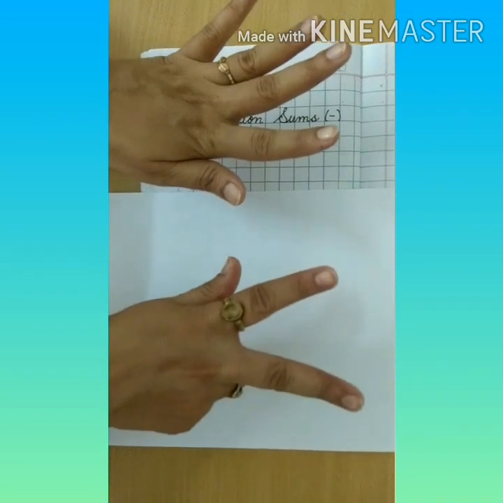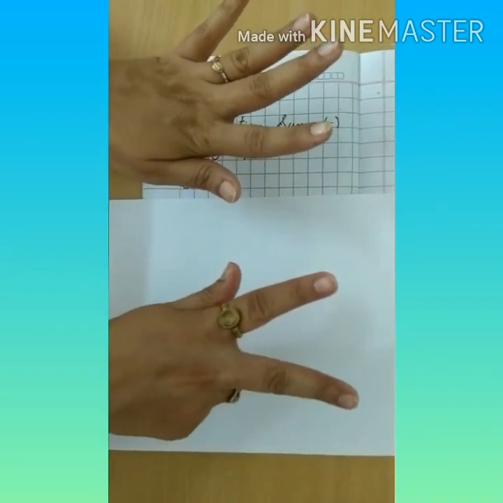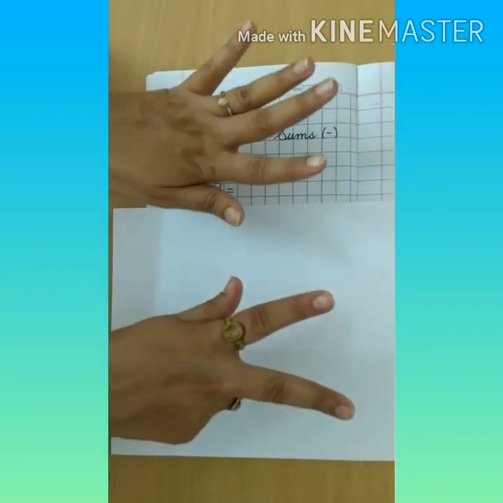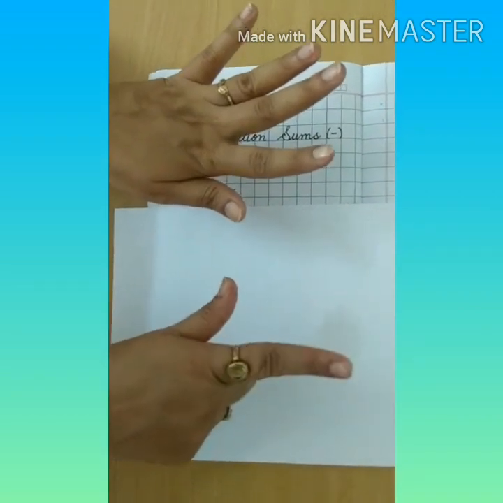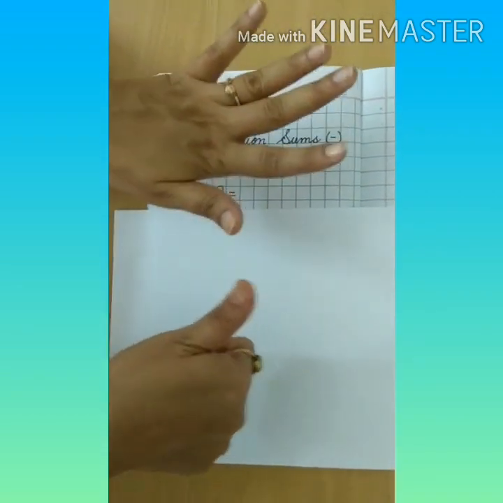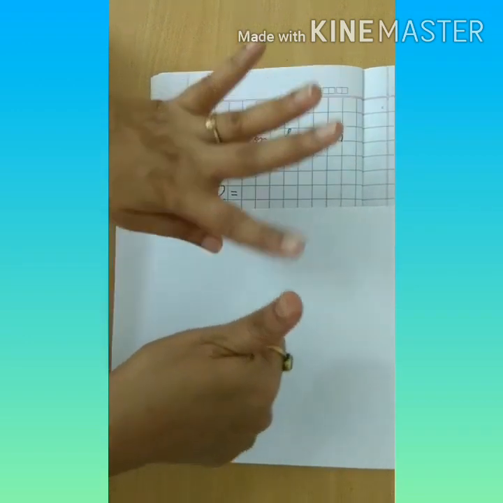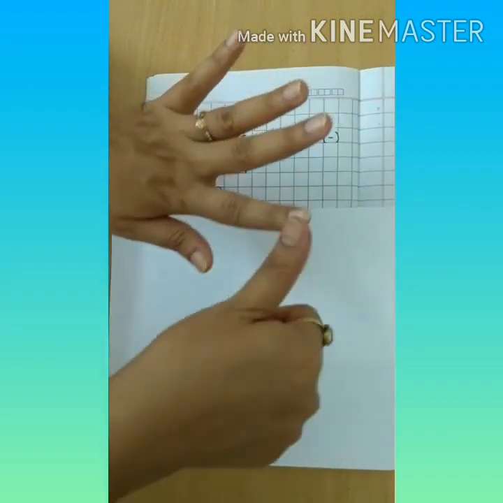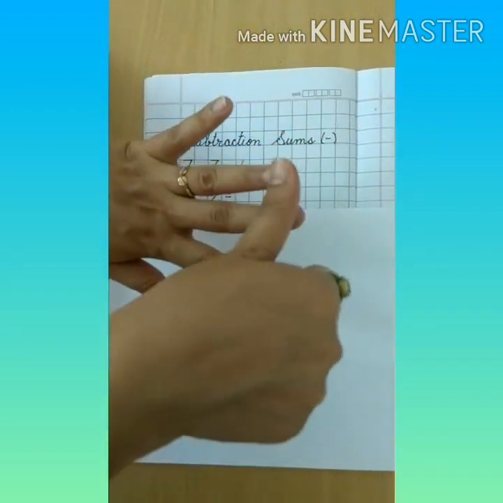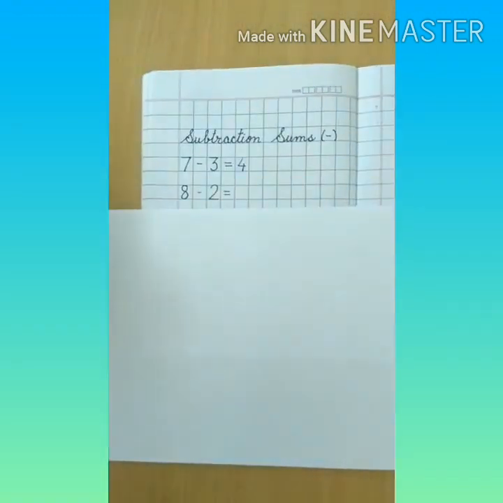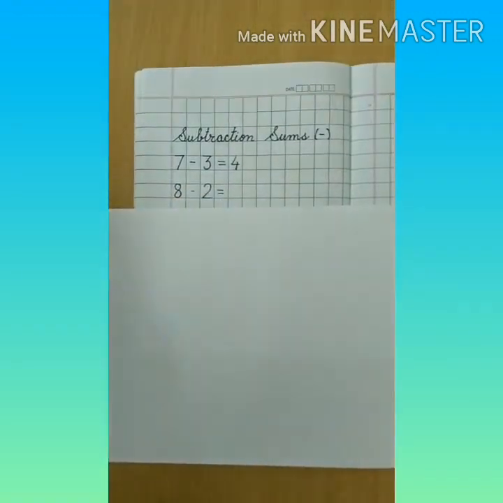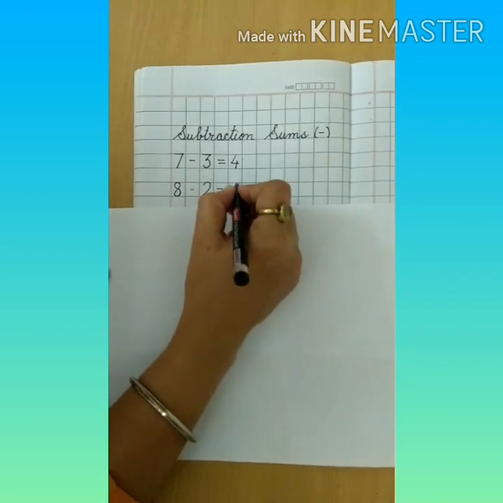So we will put 2 fingers down. 1, 2. See how many fingers are left? 1, 2, 3, 4, 5, 6. So 8 minus 2 equals 6.